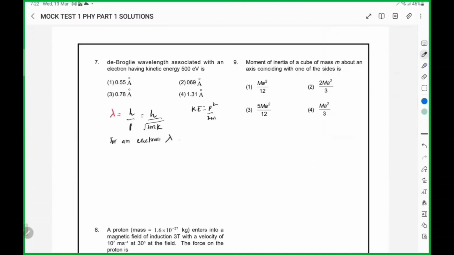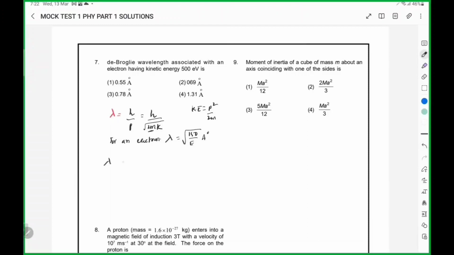So the wavelength in terms of energy, after substituting the mass of the electron, Planck's constant, and after simplification we have a formula, in Angstrom units.